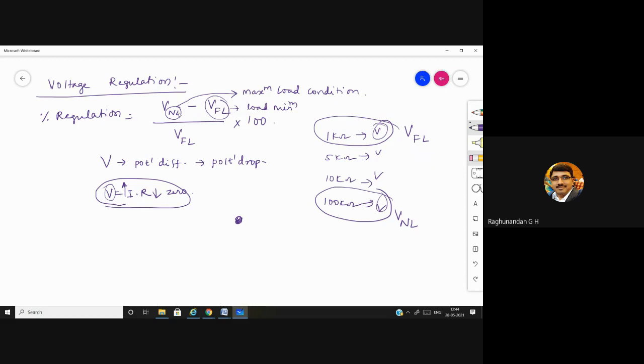Then there will be maximum fluctuation. So ideally, regulation is 0%, but practically 1 to 2% is acceptable. 1 to 2% fluctuation is fine. That can be accepted. This is about the voltage regulation.